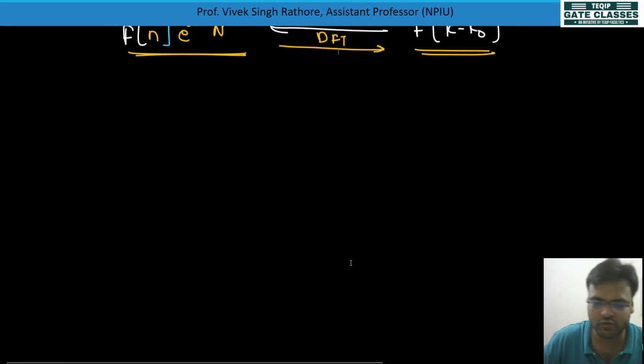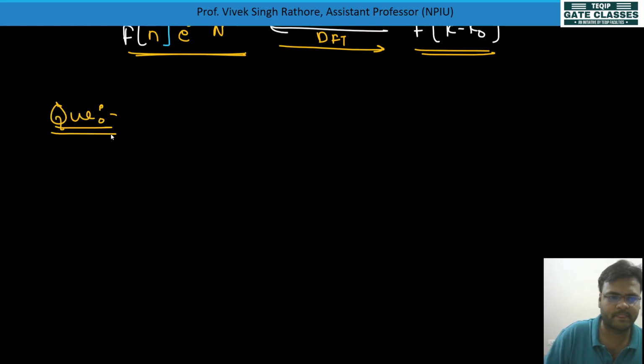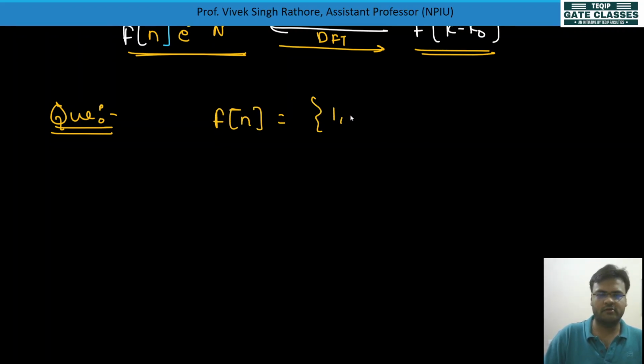We'll try to solve one question again, and we'll try to focus on the solution. See, if f of n is given in your question, let's suppose 1 2 3 4, and it has the DFT value f of k.